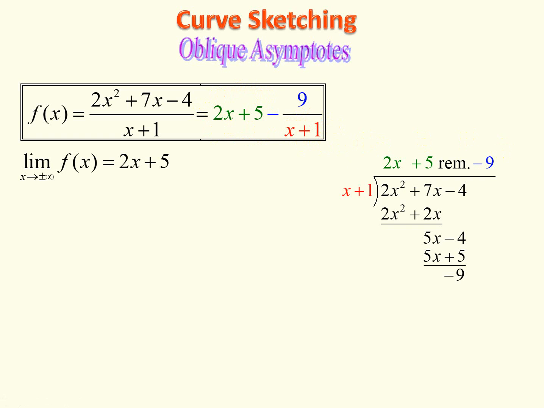So we say the limit of f of x as x tends to plus or minus infinity is 2x plus 5, because this is going to go towards 0. So there's the oblique asymptote. What it says is as x goes towards plus or minus infinity, the function is going to get closer and closer to exactly 2x plus 5. So the oblique asymptote is 2x plus 5.